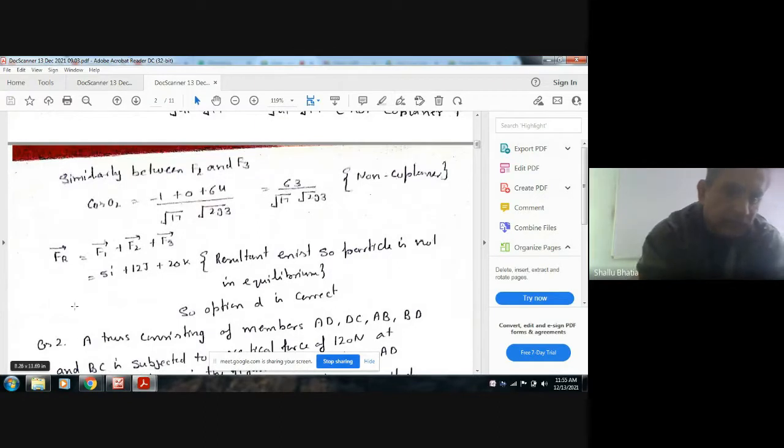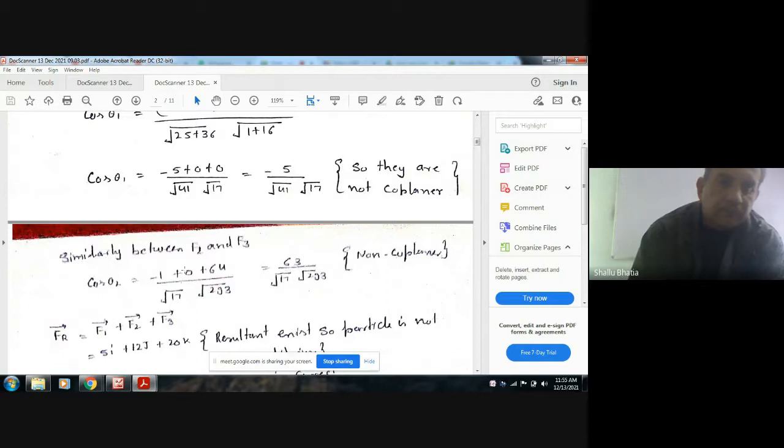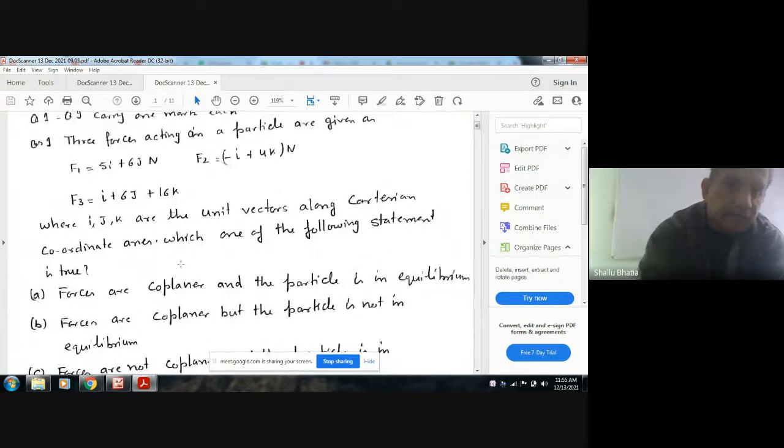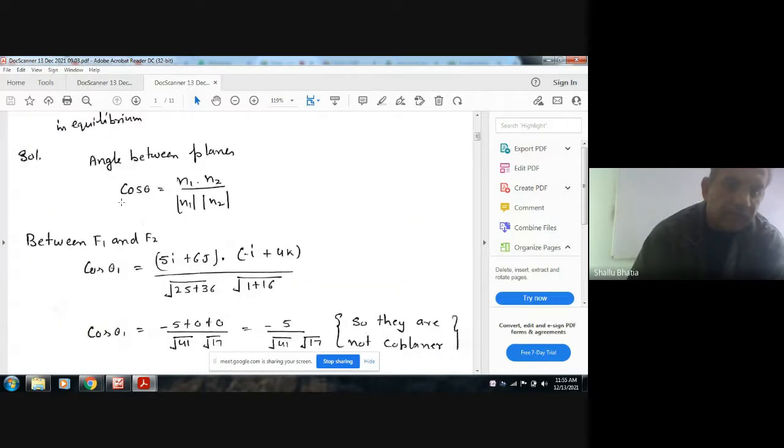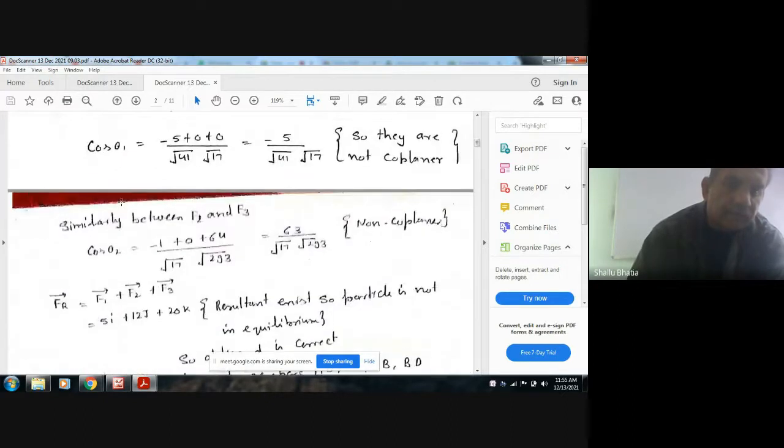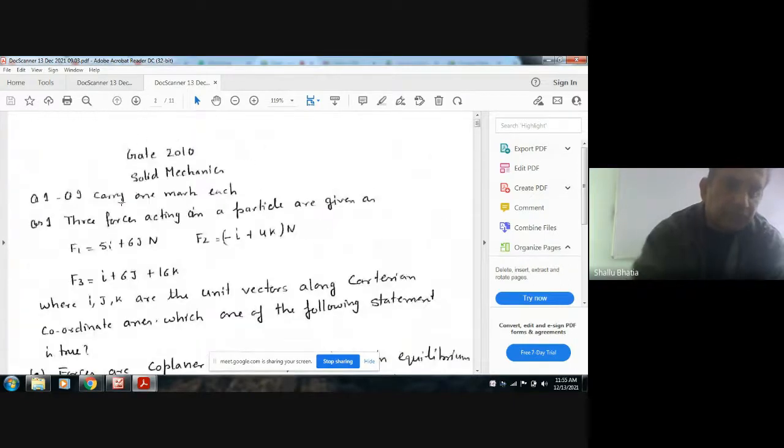That is equal to 5i, 12j, and 20k. Okay, we add these vectors: 5 minus 1 plus 1, 5i. Okay, and then for j it is 6 plus 6, 12j.